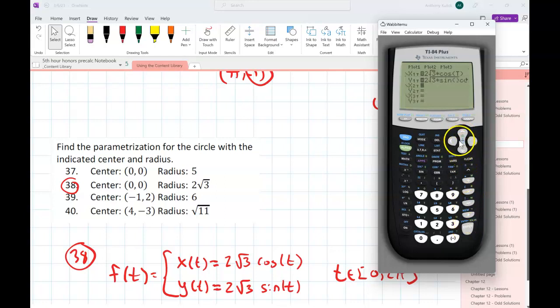Okay. Let me try it again. Syntax. What's the syntax error, guys? Oh, I have some extra stuff going on in here that I didn't mean to. Well, there's some stuff in there that was off the screen.